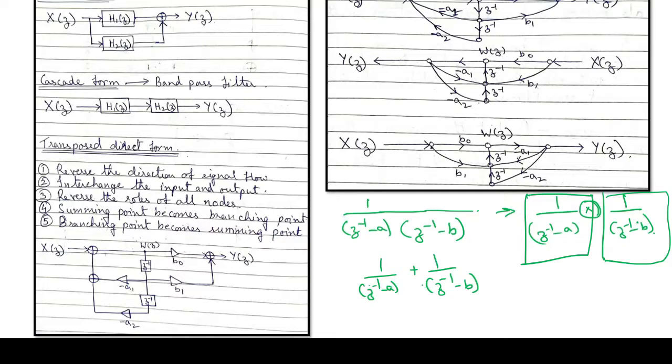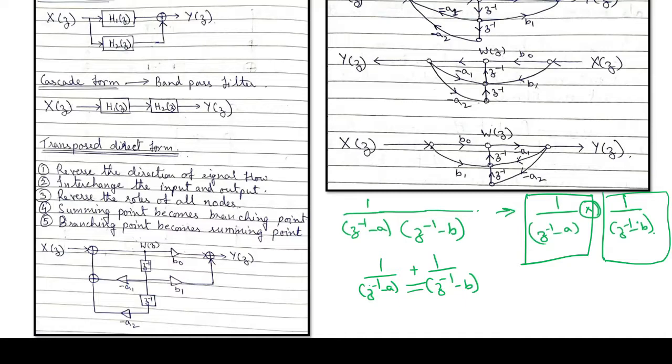Say if I can convert the equation into this form, the same equation, then it will be implemented through the parallel form realization. Okay, so it is up to you what you want to do. So depending upon the nature of H1(z) and H2(z) and the mathematical operation being performed, whether multiplication or addition, you can implement the filter through the parallel form or the cascade form realization.